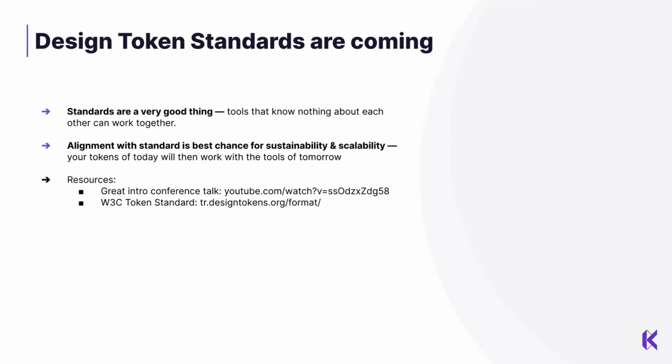So being a little aware of this standard, so the way that you build your tokens can be moved into different tools or into this different standard, is a good thing. Maybe there might be a little bit of massaging of data, but conceptually, if there is alignment, it's going to work with a lot of things.